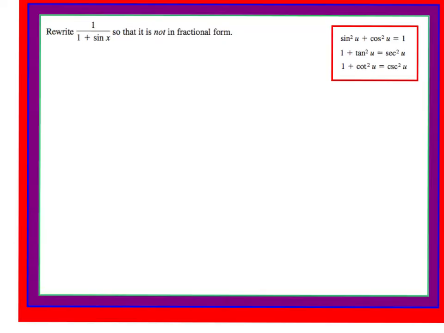All right. We're going to rewrite 1 over 1 plus sine x so that it is not in fractional form. This kind of problem is one of my most missed questions on the test. I told you before, the idea is what to do so it's not in fractional form.